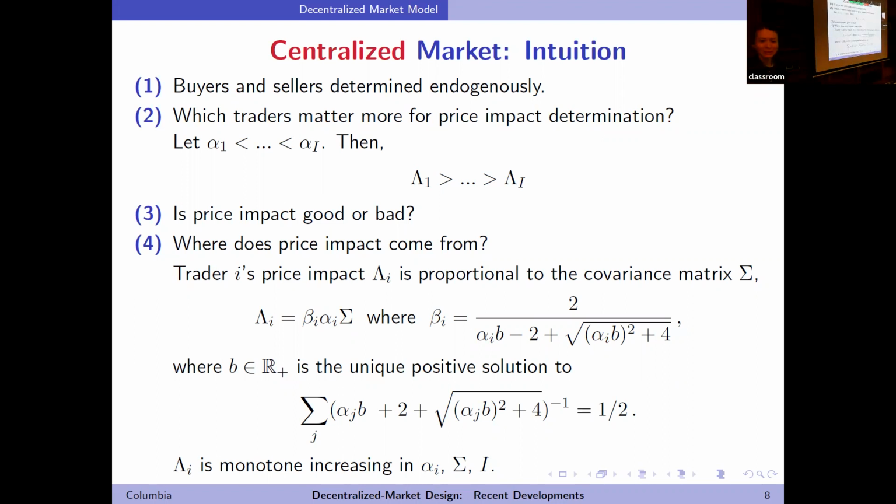Is price impact good or bad? Our intuition from working with monopolistic models or even Cournot models from IO tells us that price impact is attractive to a trader. But in finance, people talk about price impact costs, price impact avoidance, shredding your demands to avoid price impact, actually shredding the orders dynamically and across venues.